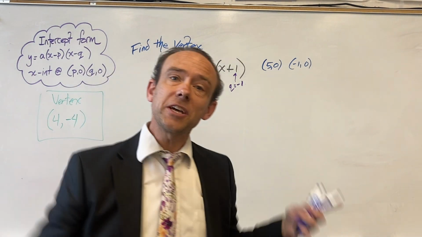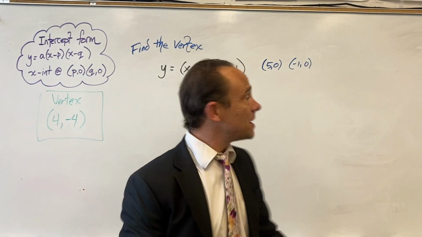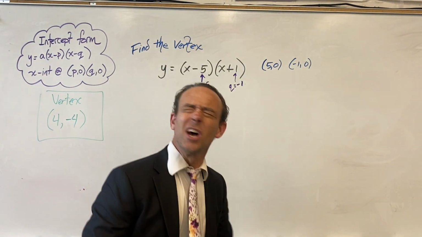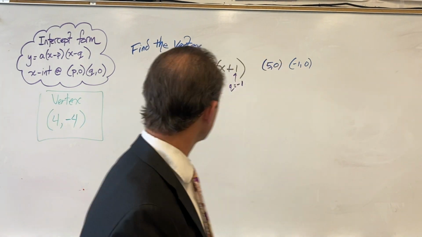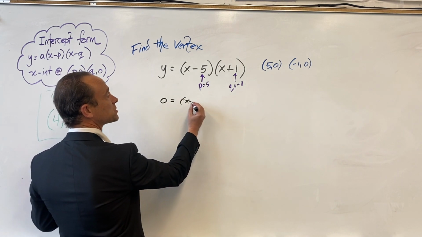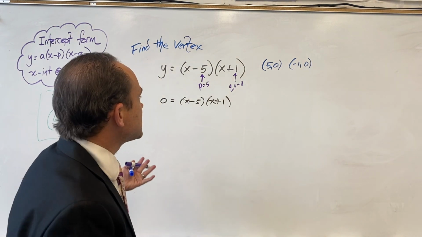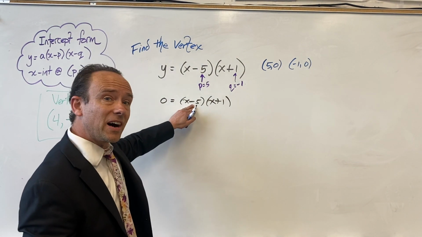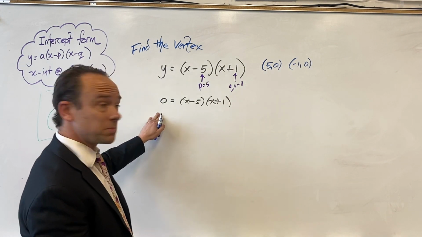By the way, if you forget about mathematical structure, that's cool. Just remember that x-intercepts are always, Mr. Miller, always, the value of x that makes y 0. So you could just set it up like that and say, okay, well, when x is 5, that's 0. 0 times 6 would be 0.